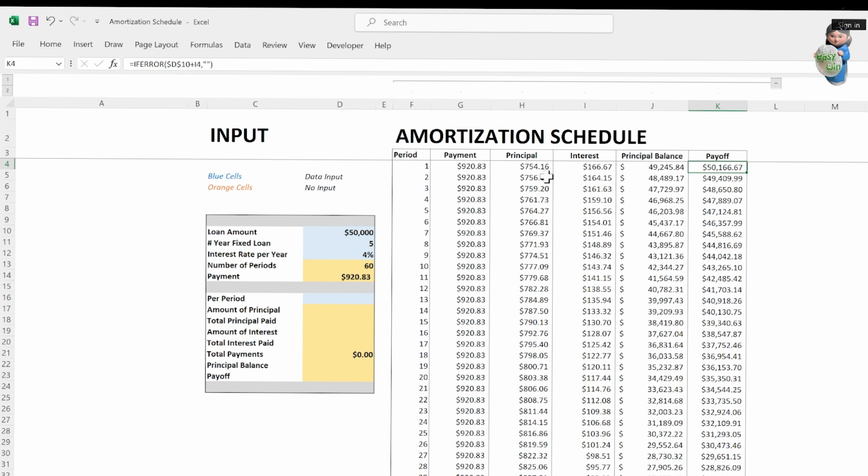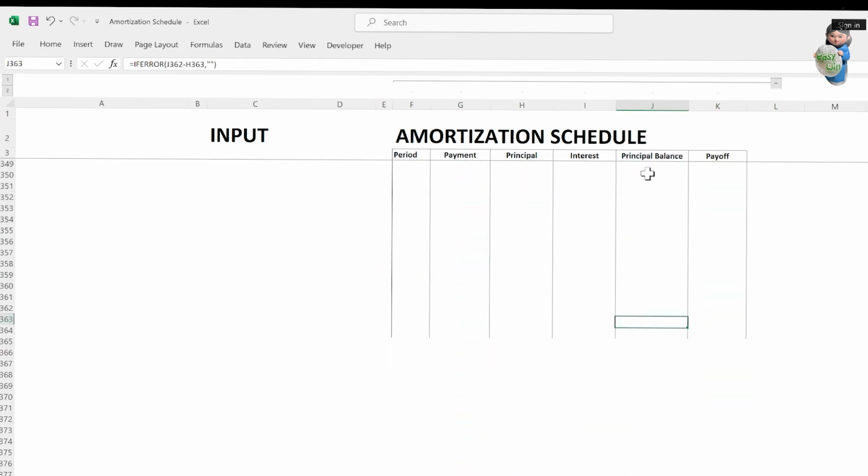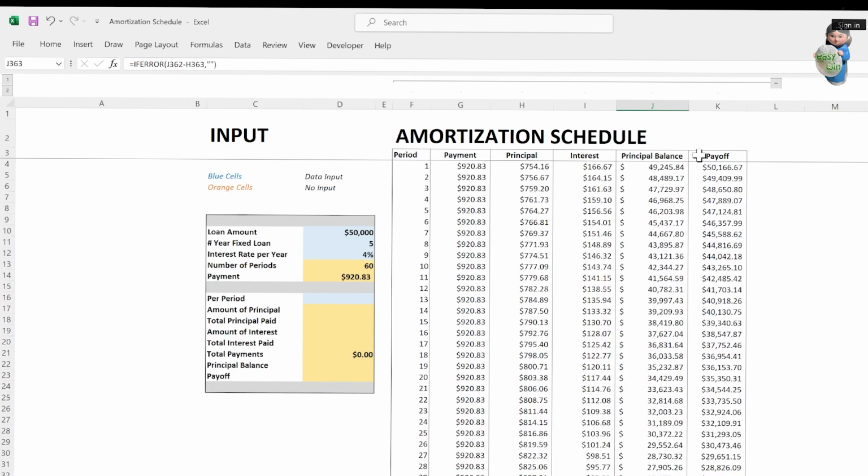One other thing is we need to look at this principal balance. The first one is actually the total loan amount minus whatever payment is already made, right?